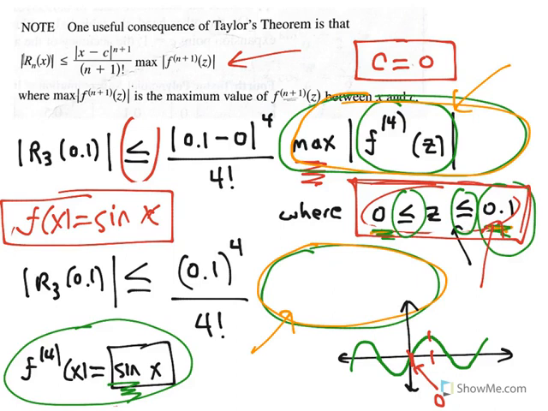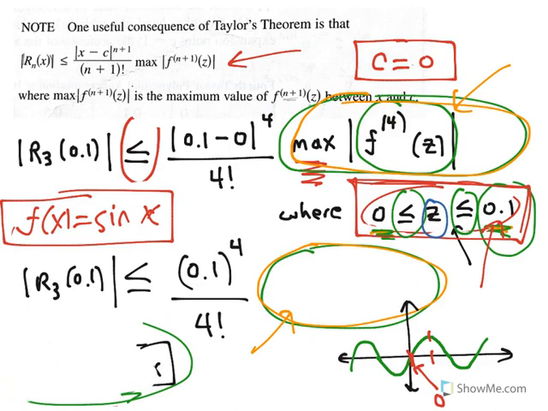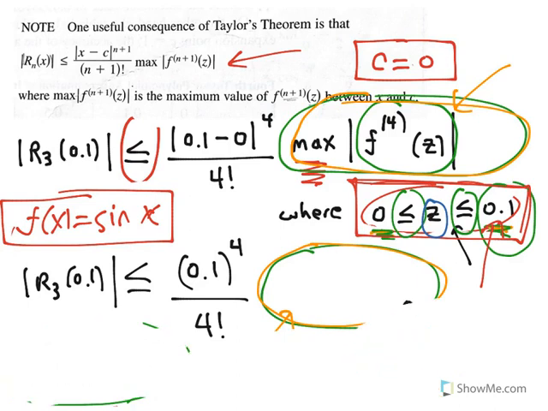In fact, in this particular problem, we can even go beyond this interval because all we're trying to do is put an upper bound on what the error could be. So we want to choose a z value, even if it's outside of this interval, at which we can easily evaluate the sine function. There are certain special angles at which we can easily evaluate the sine function.